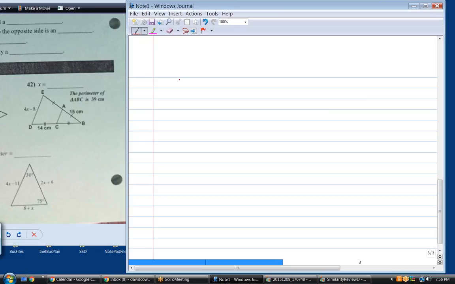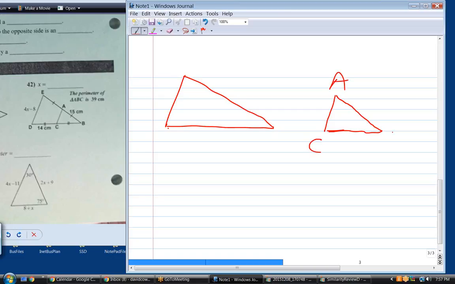Now, one thing that I find particularly helpful when I'm looking at similar triangles is to draw them separately, like this. This is my triangle ABC, and this is my triangle EDB. Now let's go ahead and orient our angles that are the same.